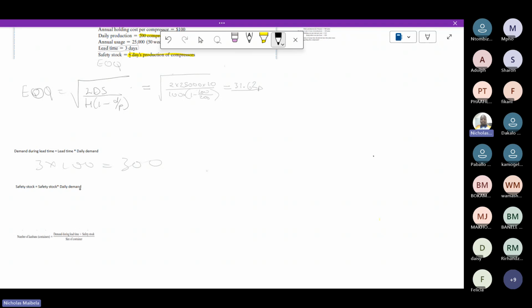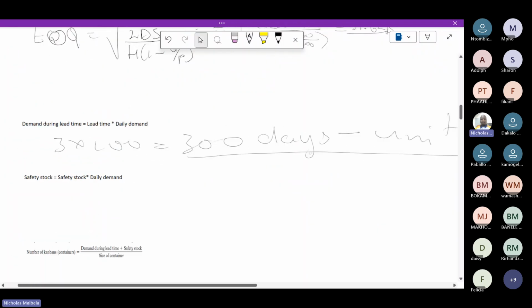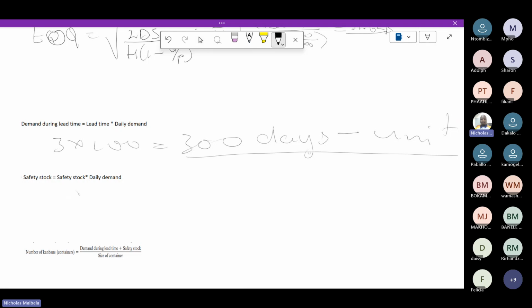What is the unit of this duration, demand, whatever? Is it going to be days unit? You see that? This is how it's going to be, days unit. And then the safety stock, we said is half of what?